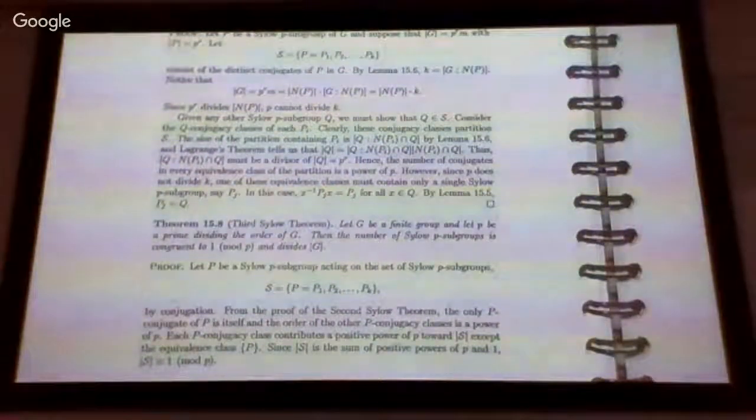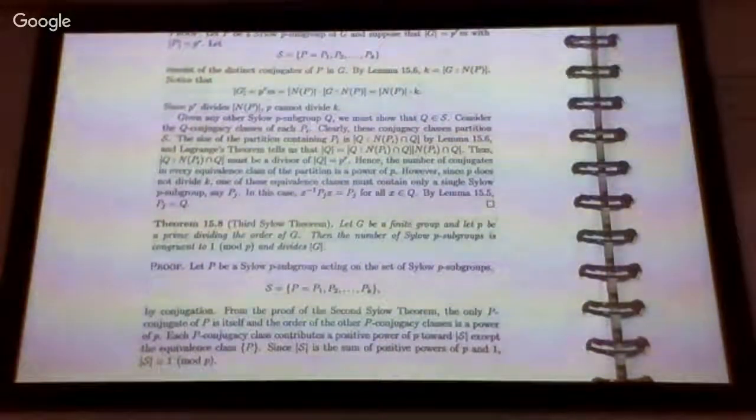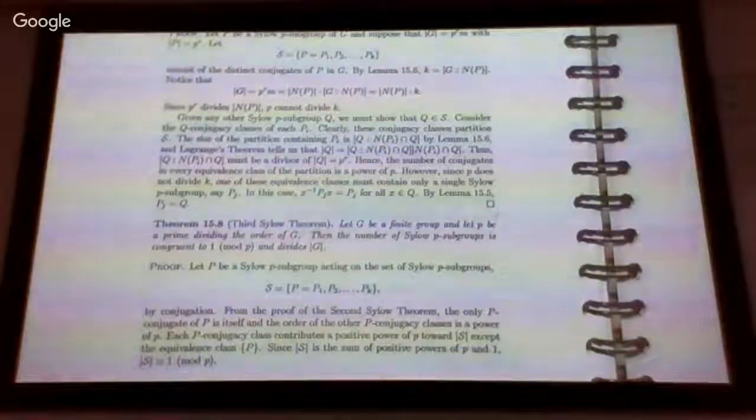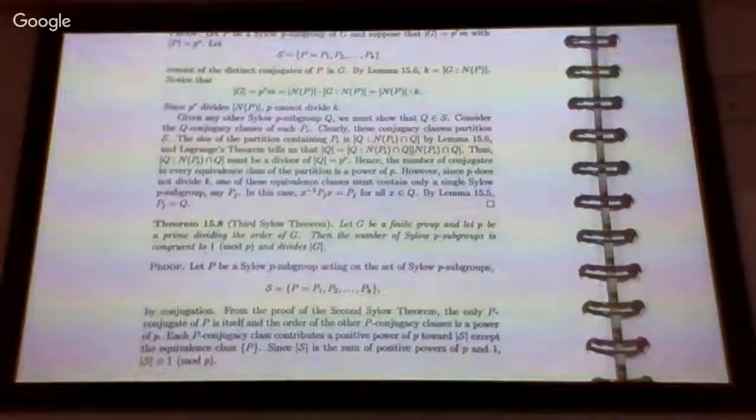So it's the maximum power of P that divides into G. Does that make sense? The first theorem says there will be a P subgroup of that maximal size. If it's the maximum size, it clearly must be Sylow. It can't be anything else containing it. But now, because they're all conjugate, we get as a corollary that they all must have the same size.